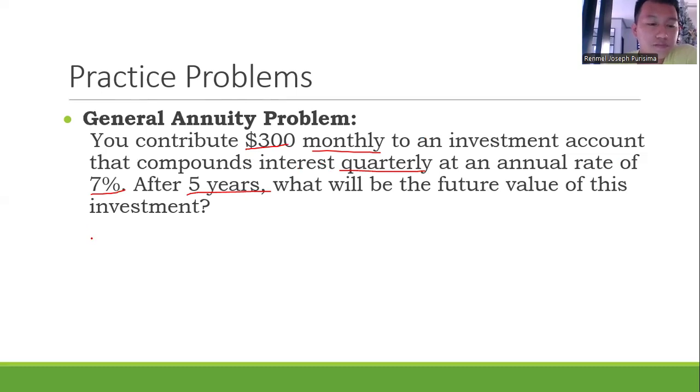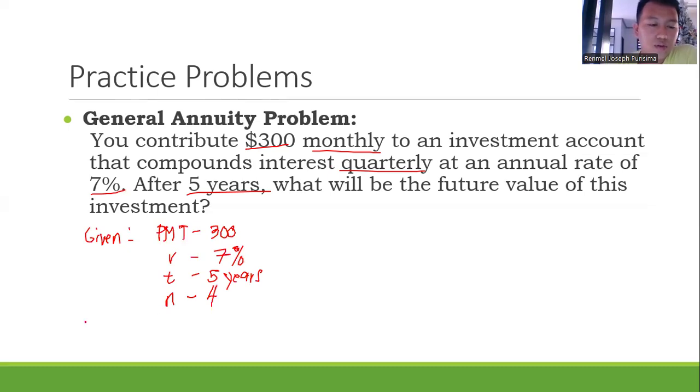So the given are the PMT, which is $300 every month, the rate of 7%, the time of 5 years, and our n, the compounding period, which is quarterly, so n is 4.